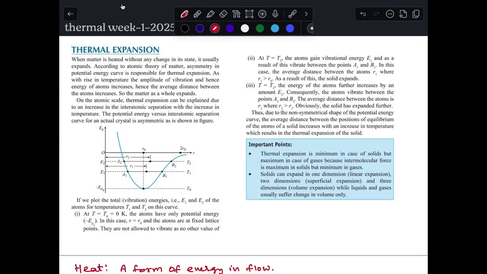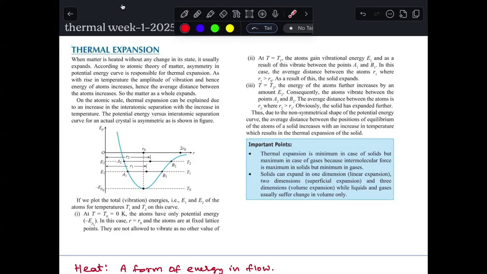Let us study. You already know in solids there exists a force of attraction between two atoms, two molecules in it. Now you plot potential energy as a function of distance, you will get a graph like this. There is asymmetry in the graph.